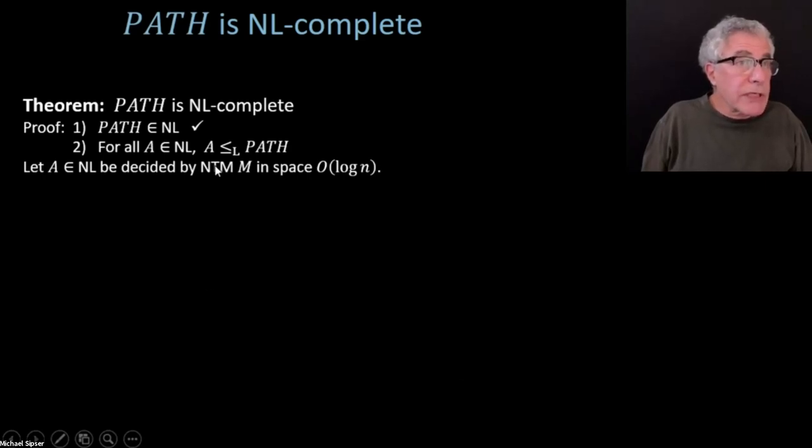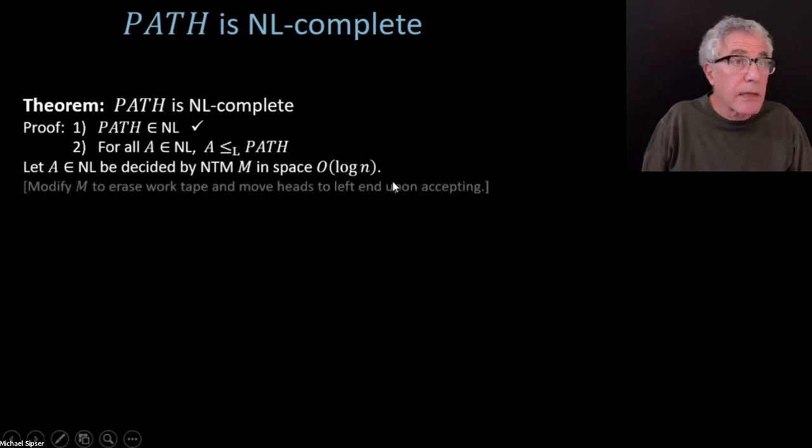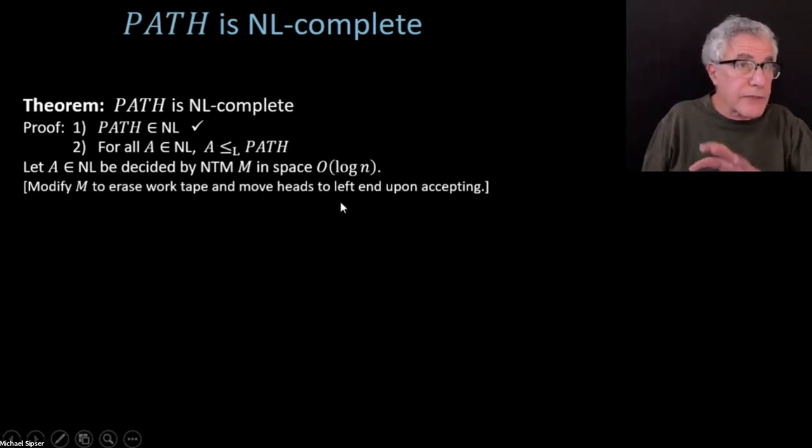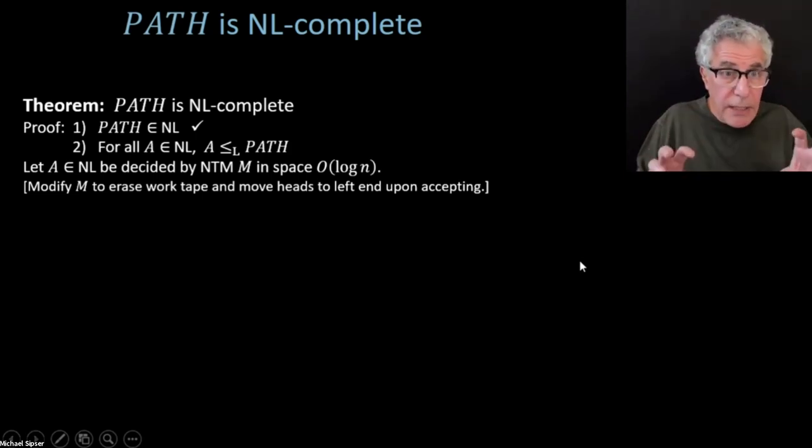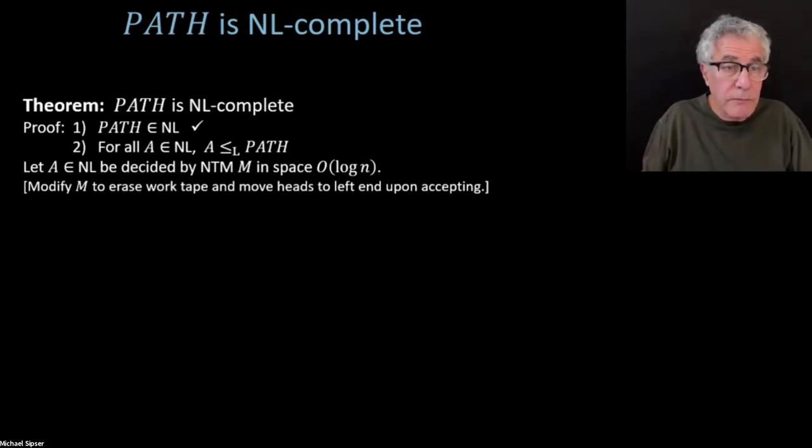So suppose we have a language decided by a non-deterministic machine in log space, an NL machine. Again, I should have put this before, but we're going to modify M to erase its work tape and move its head to the left end on accepting. So it has a unique accepting configuration.